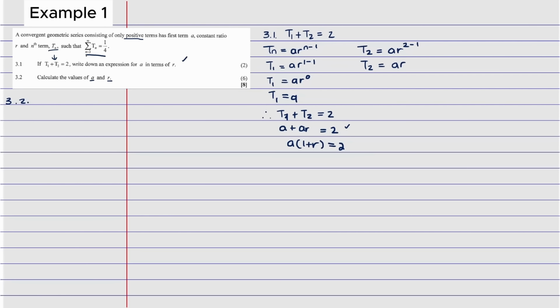So this is going to be 9 divided by 4 is equal to a divided by 1 minus r. Now we have two equations that are in terms of a and r. So here I'm going to cross multiply. So it's going to be 9, open bracket, 1 minus r, is equal to 4a. Divide both sides because I want a to be the subject. Divide both sides by what?